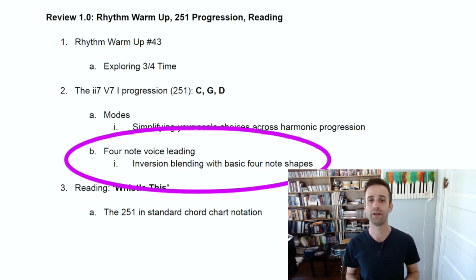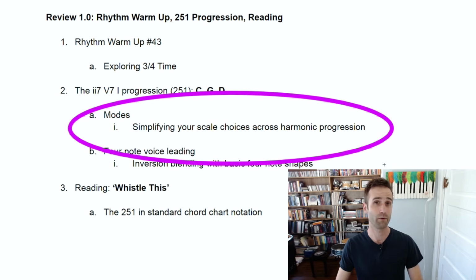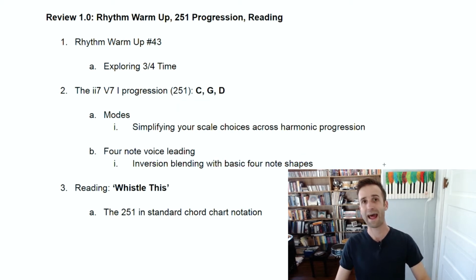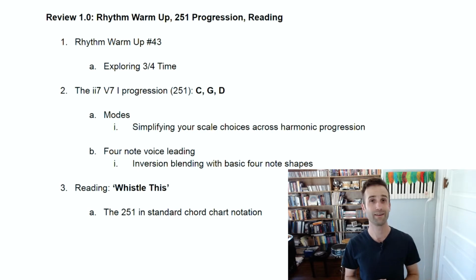So we're going to be doing some inversion blending with the 4-note chords and then applying all of the applicable modes to those. And last but not least, we're going to do some reading. For this lesson, I wrote a standard chord chart notation tune called Whistle This, and it's going to use a lot of the 2-5-1 things that we're going to be working on in our exercise today. So looking forward to getting to all of that.